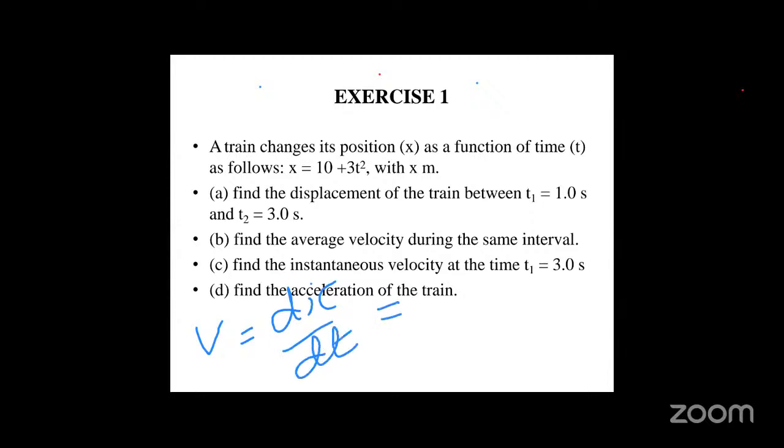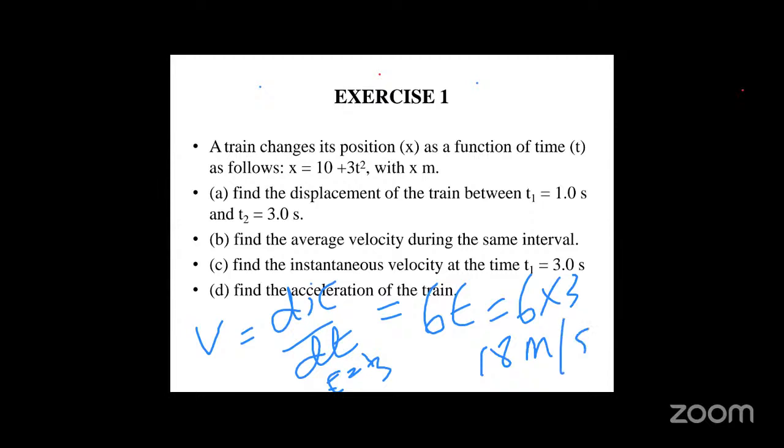So if we differentiate this expression, we are going to have 2 times 3, that will be 6t. But t is equal to 3 as we are given. So we substitute that, that will be 6 times 3. So that is 18 meters per second. So that is our instantaneous velocity.